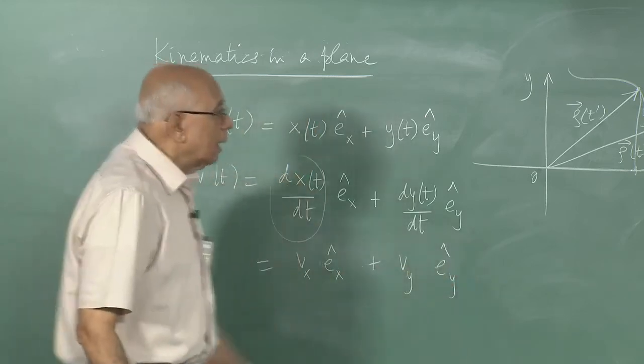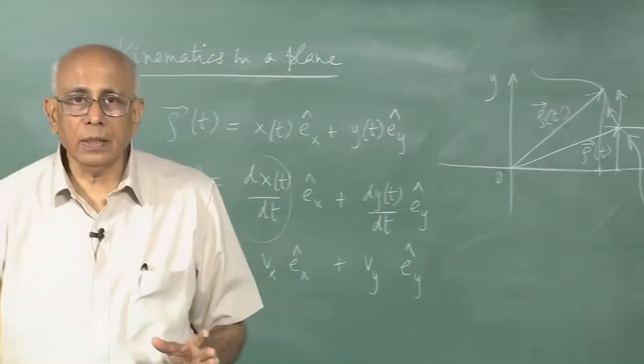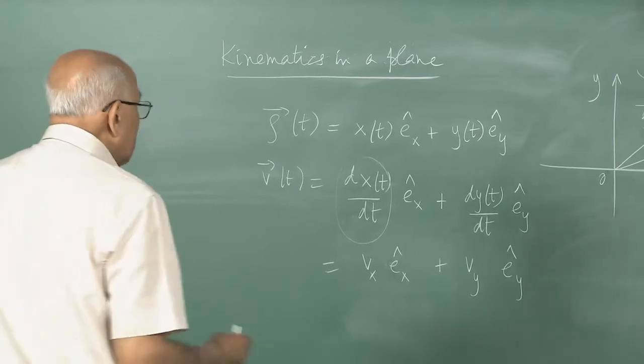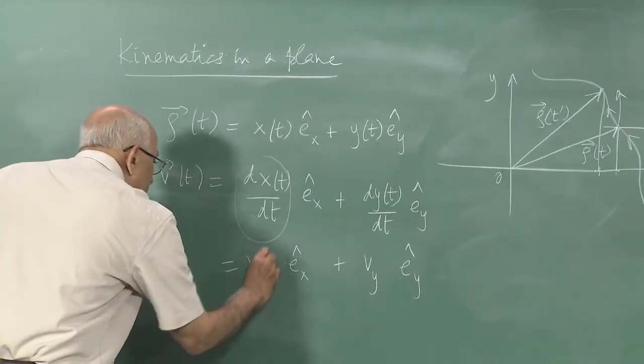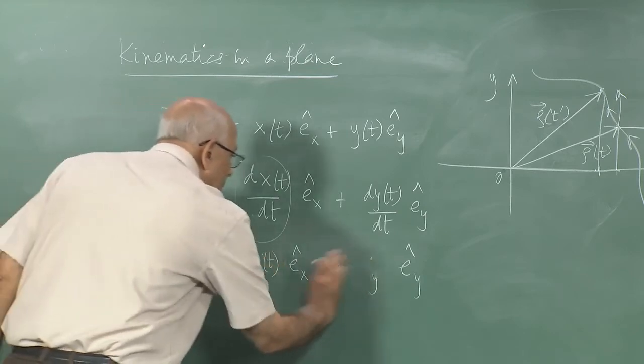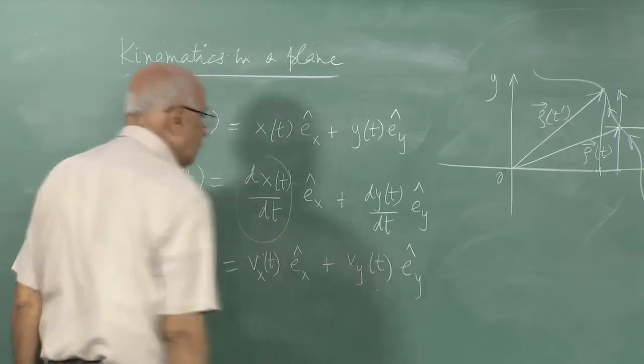And incidentally, if this particle is moving arbitrarily with some arbitrary acceleration, then there is no reason why the velocity should itself be constant, and therefore in general you have Vx as a function of time times Ex plus Vy as a function of time times Ey.